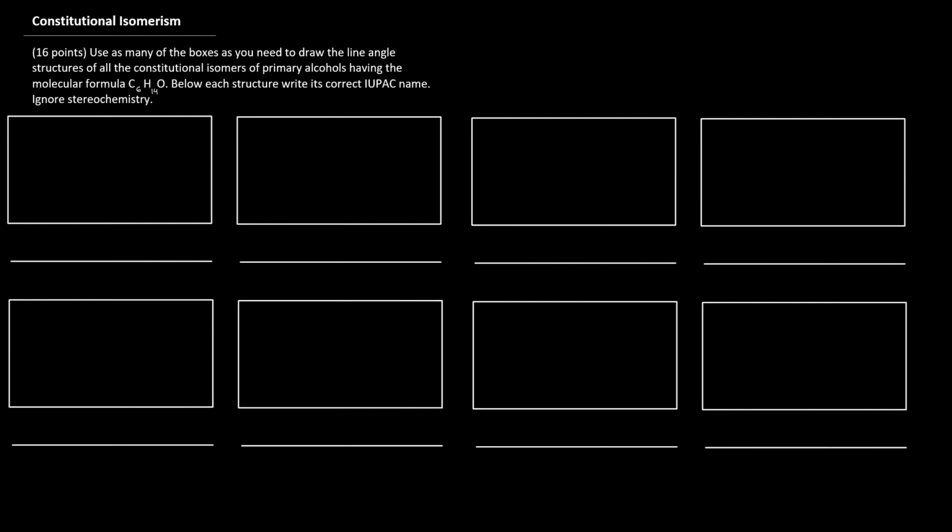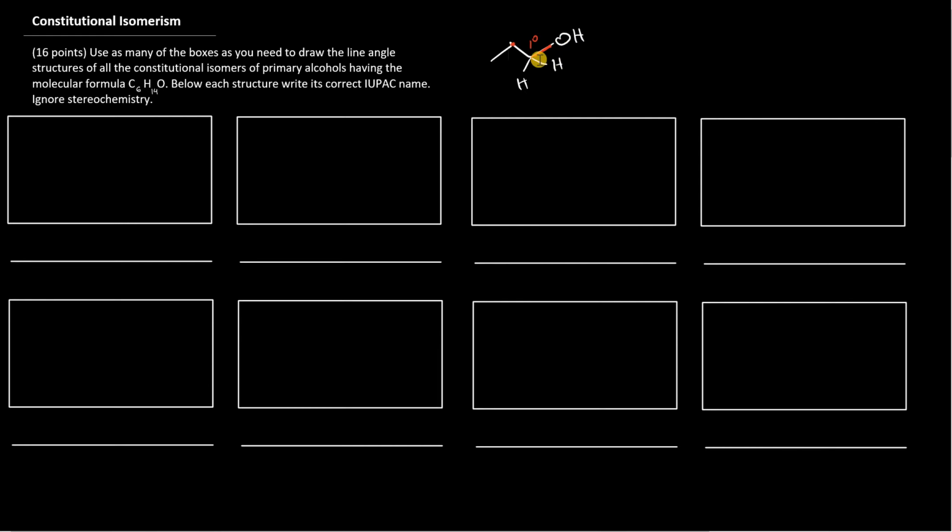For instance, if I draw a primary butanol, it would look something like this, because this carbon, which is directly bound to the alcohol, is primary. It is only bound to one other carbon right here. So primary alcohols are always in reference to the carbon atom to which they are bound. It's the same thing with halides as well.